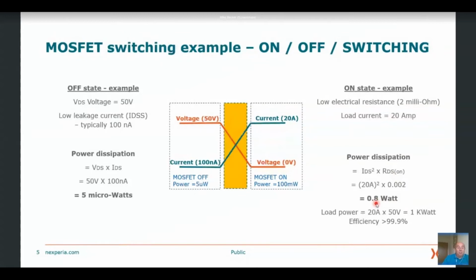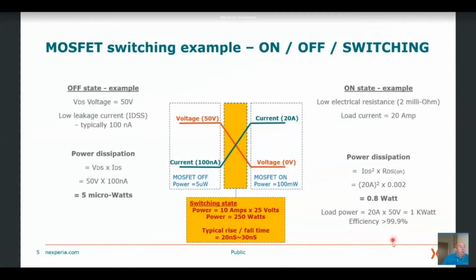We've used an example there of 0.8 of a watt. But actually, we're now delivering 20 amps and 50 volts to the load, which is about a kilowatt. So with that 0.8 of a watt, typically the MOSFET operates very efficiently, almost 100% efficient.